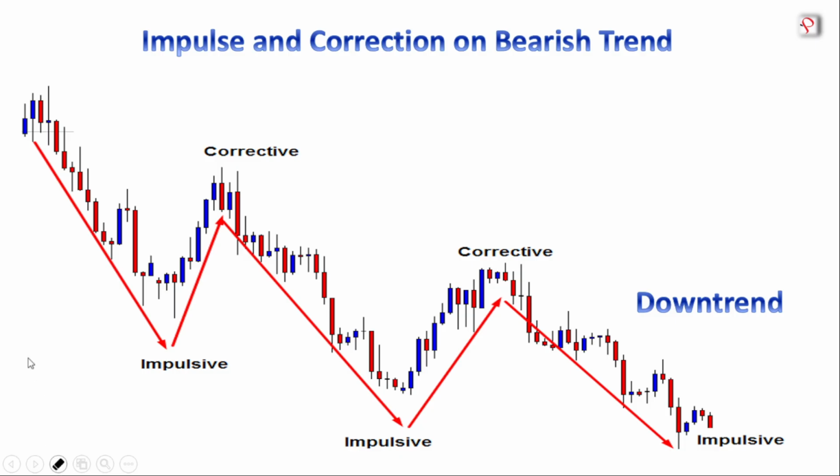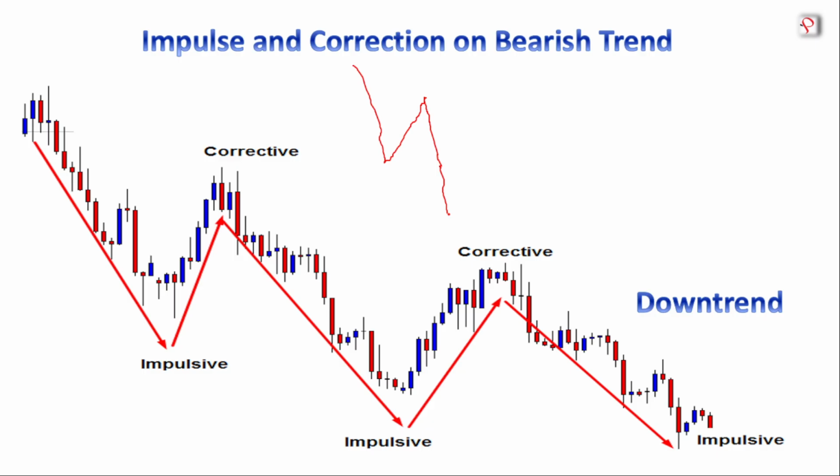For instance, when you have a bearish impulsive move like this, you should also expect what? A correction or a retracement, and then you have what? A continuation of the same bearish impulsive move.